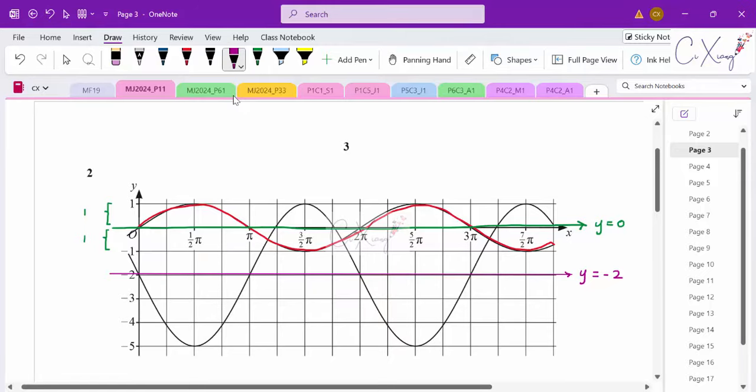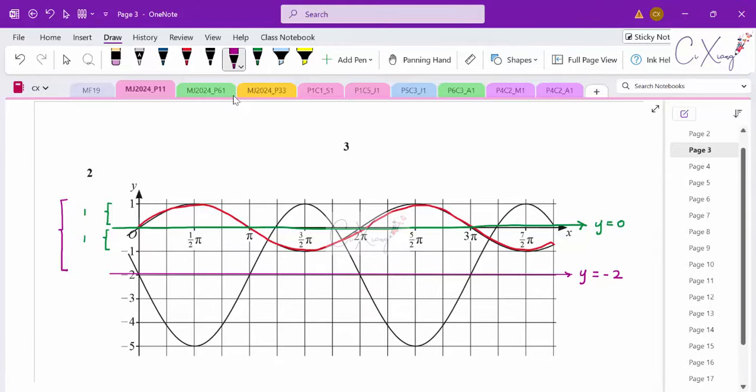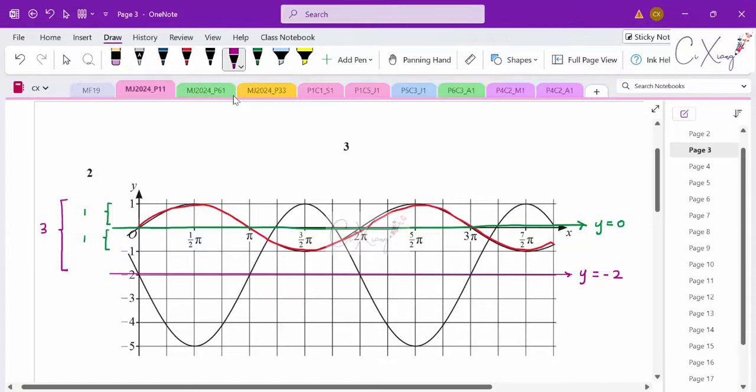If you compare it with the original graph, you can see that the graph has a larger amplitude. From the center line to the maximum point, it becomes 3 units, because 3 boxes. The same thing happens here: from the center line to the minimum point, you also have 3 units, which is 3 boxes.